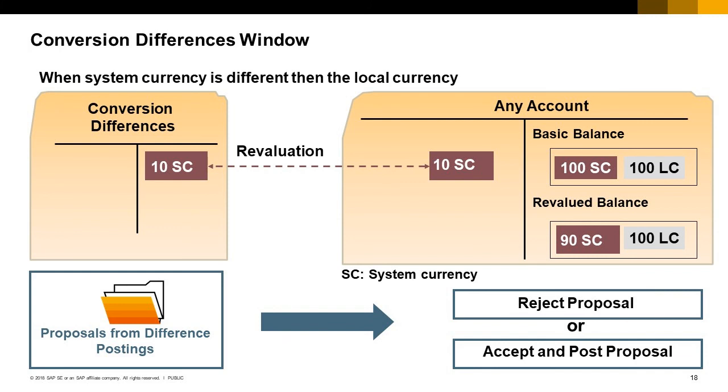Much like the exchange rate differences functionality, the system proposes journal entries to be posted. Conversion differences are posted in the system currency only. It is recommended to execute the conversion difference function before running the period end closing procedure. Please refer to the course, Internal Reconciliation, to learn more about exchange and conversion differences in the internal reconciliation process.